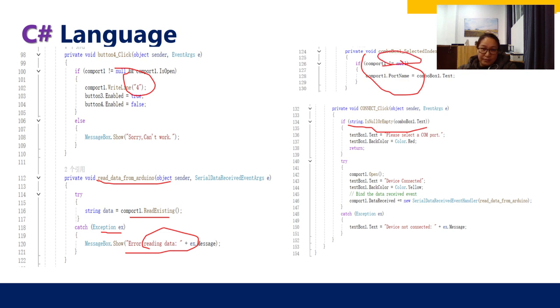If the COM box object is not null, it will update the port name property of the COM port to the text of the selected item in the COM box.